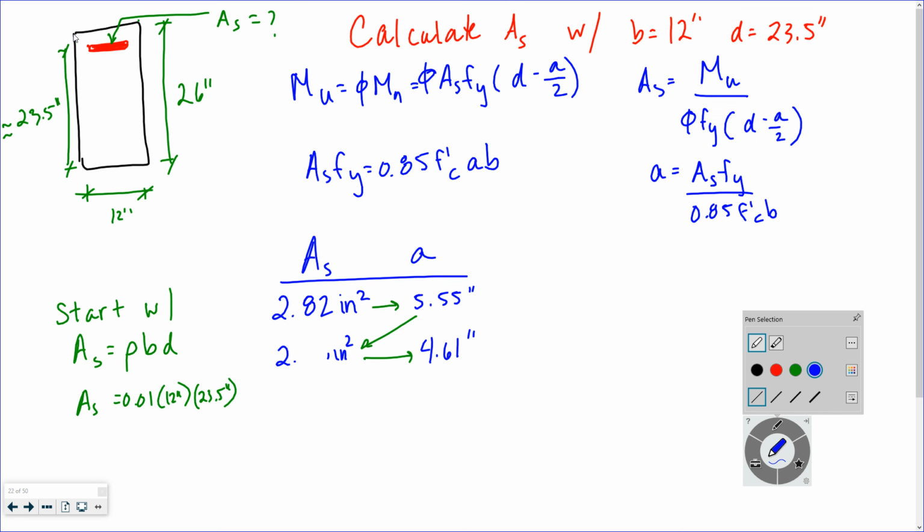Sorry, giving away the answer here. If I use that 4.61 inches in my AS equation, I get 2.3. If I use that in my A equation, I get 4.51. And if I use that, I get 2.3 again.